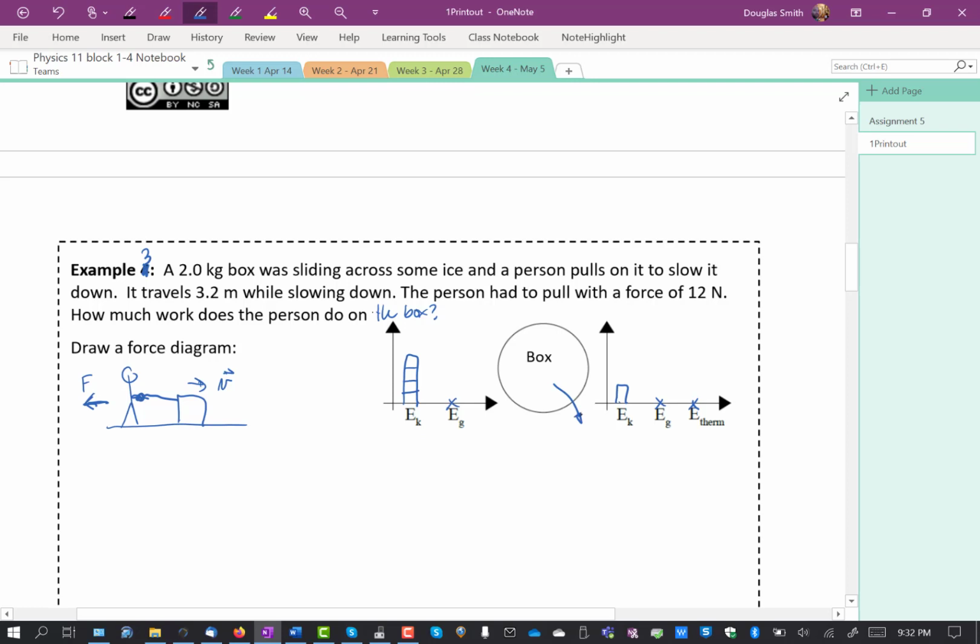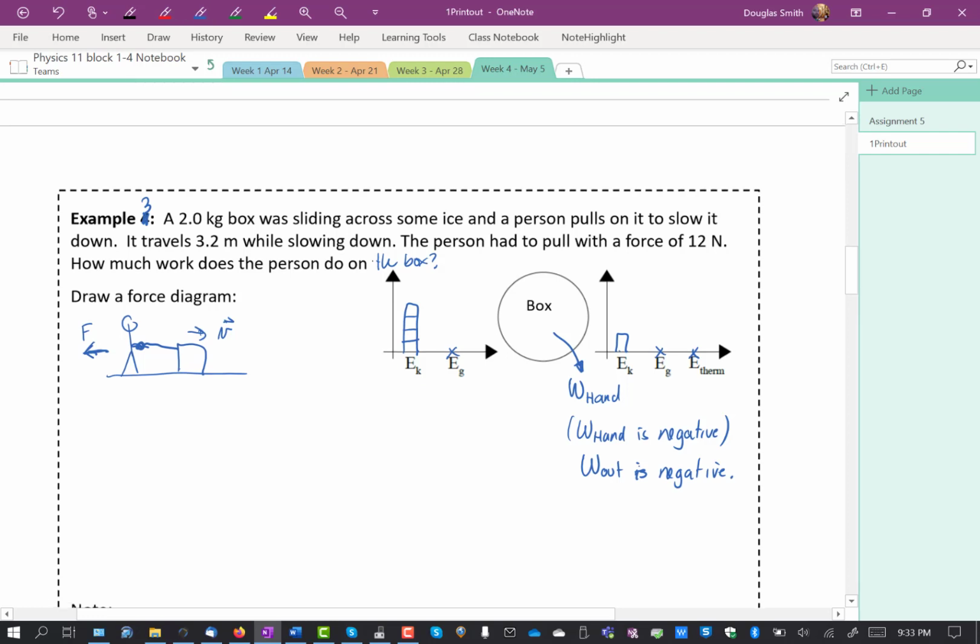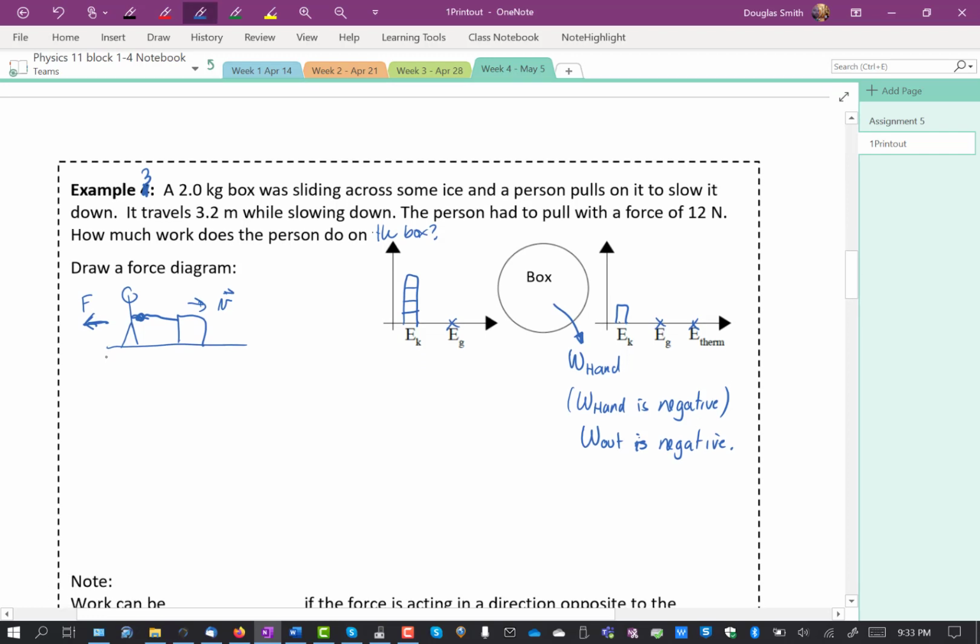So what we say is this: there's work coming out. That work is from the hand. It's negative. It's coming out. Work out is negative. So we can calculate that.